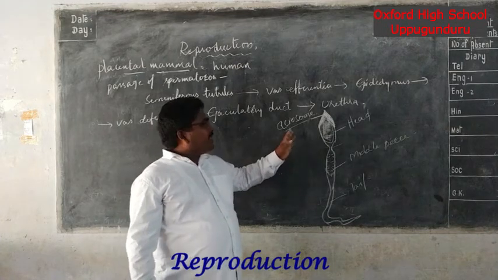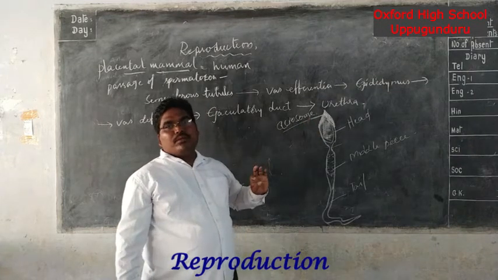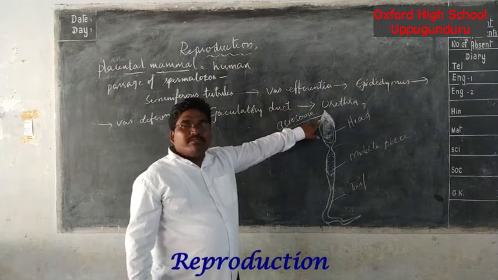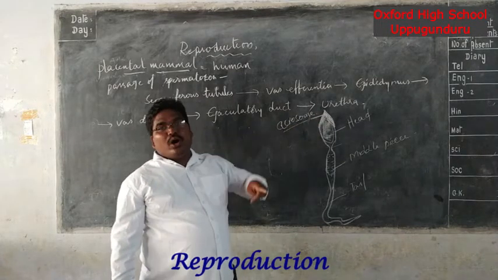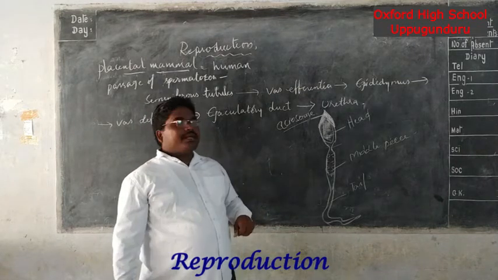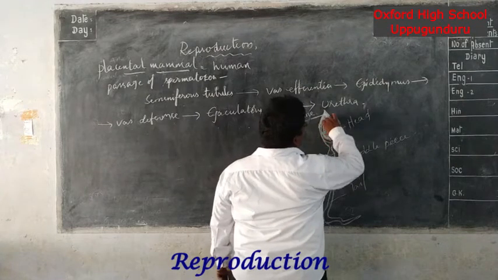The sperm head contains the acrosome. It is the head of the sperm. It contains an acrosome which helps in penetrating the ovum during fertilization. Okay, the sperm has a large nucleus.